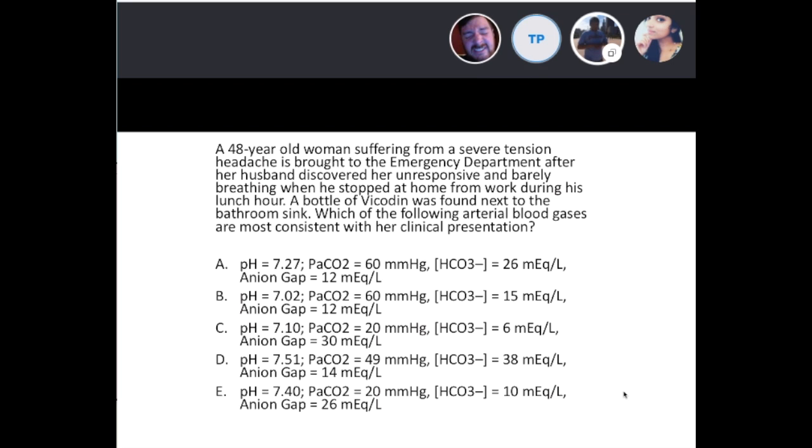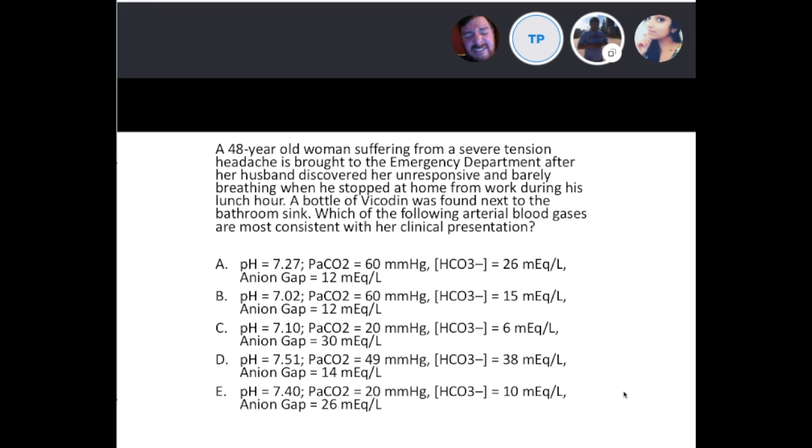Why metabolic? Okay, so she's on opioids, and opioids cause a decrease in respiration, which would be a respiratory acidosis. The only reason A or B doesn't make sense to me is that if you increase the PCO2, yes, you will become acidotic, but doesn't your bicarb have to get higher?